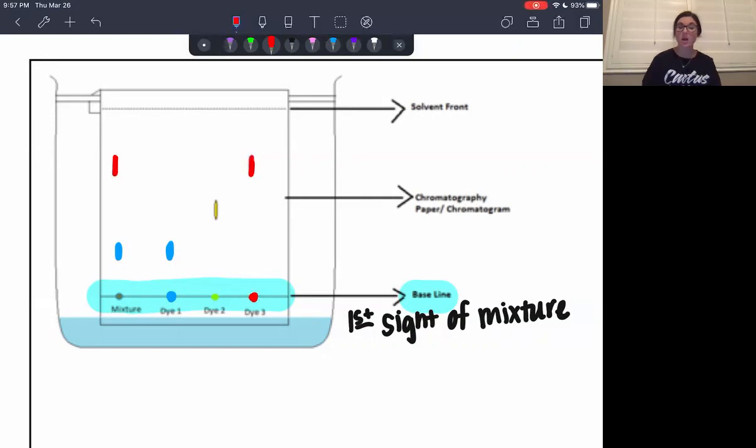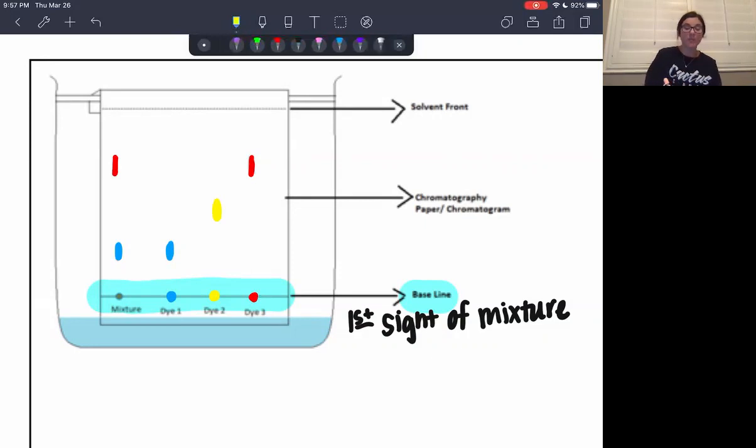These are the same color, so I know they're both the same dye and they're the same distance away from the baseline. So I know I'm looking at molecules that have the same identity. And then dye 2 is my yellow, and it's only one of these markings on the paper, but I can tell that it's dye 2 because it matches in color.